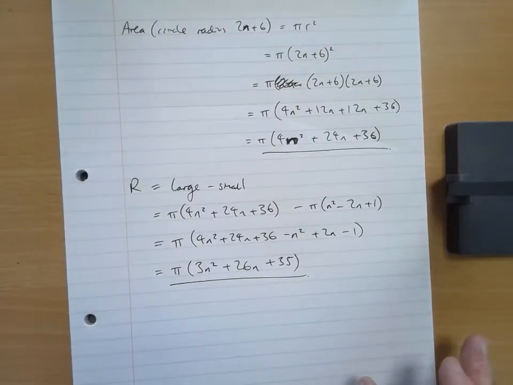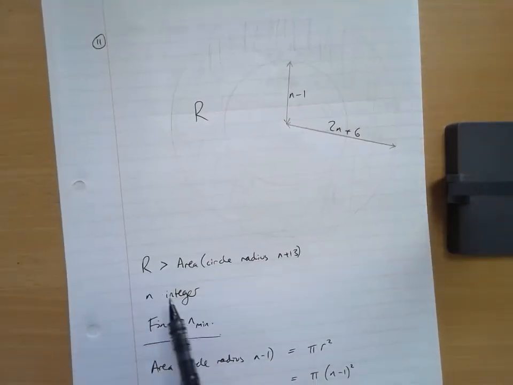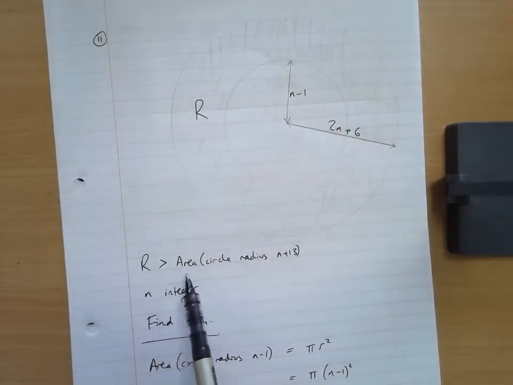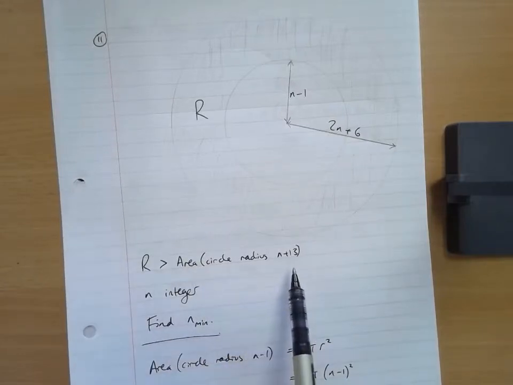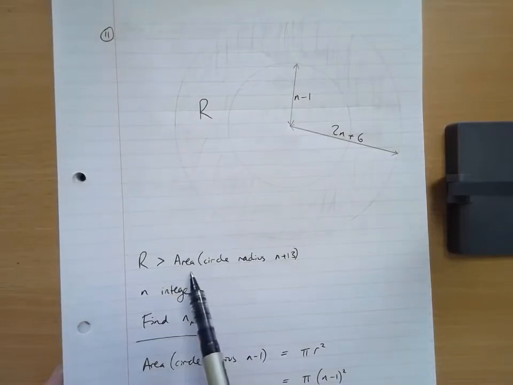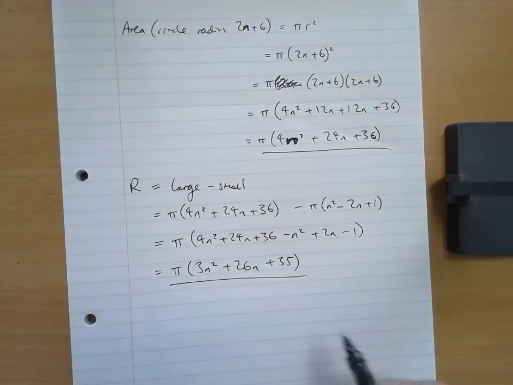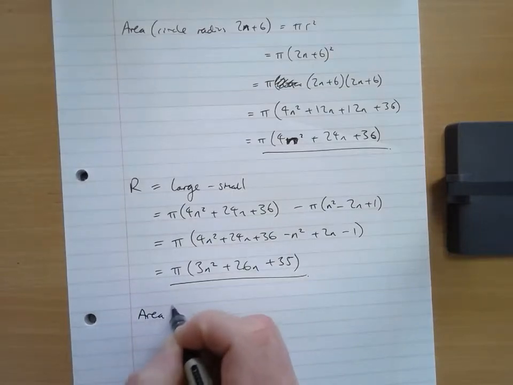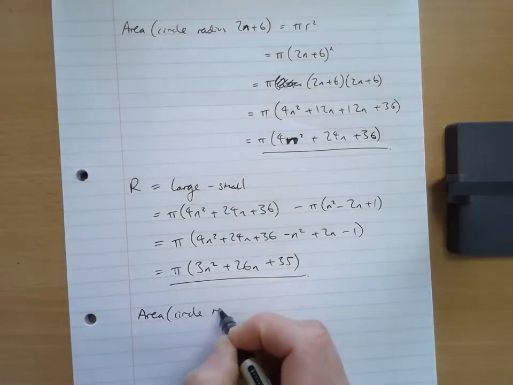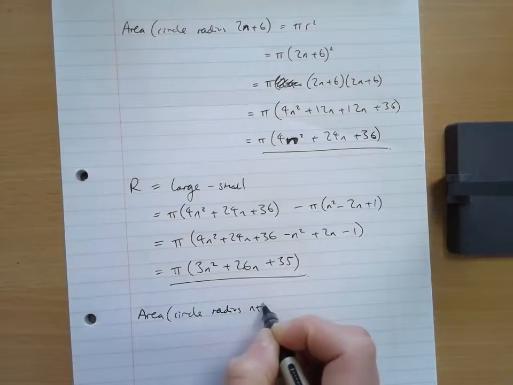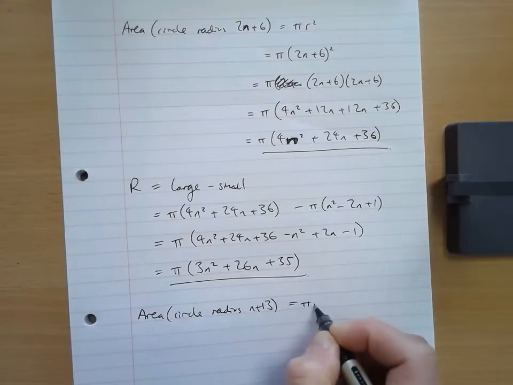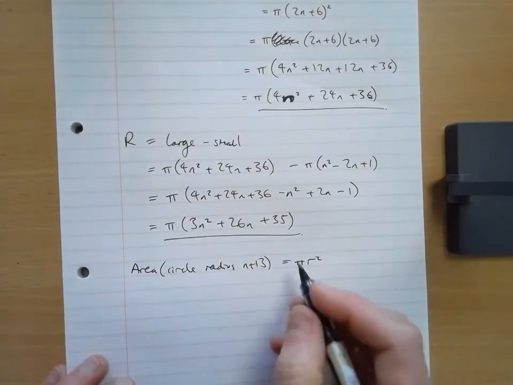Now, the next thing is we were told, if I go back to my notes on the first page, that the region R is greater than the area of a circle with radius n plus 13. So the next thing we need to do is work out what the area of a circle with radius n plus 13 is. So area of circle radius n plus 13: pi r squared as usual.